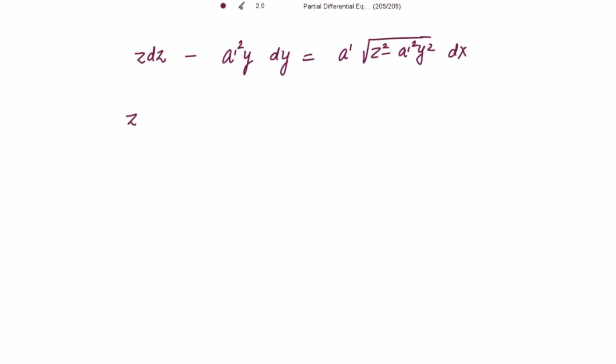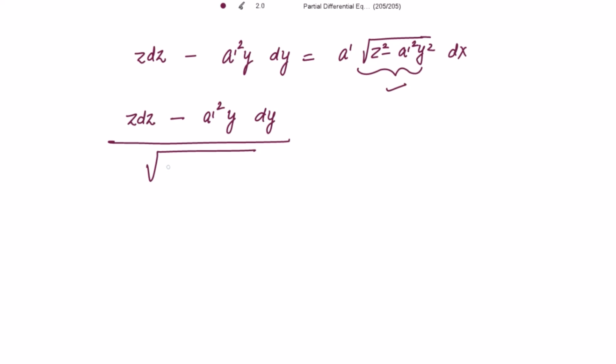We can write this further as, because when integrating with respect to x, this is constant for x, right? When integrating with respect to x, this becomes constant. So I am taking this constant to the denominator of the left hand side. So let me write here z square under root of z square minus a dash square y square, equal to a dash dx.